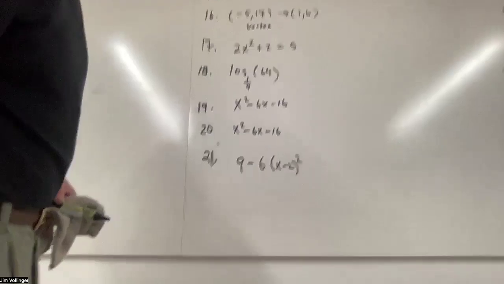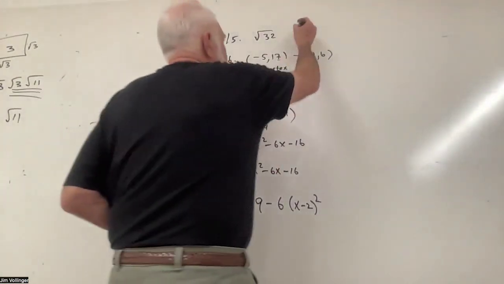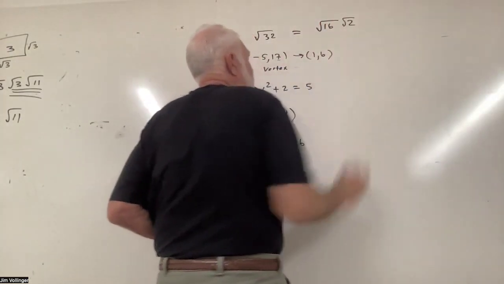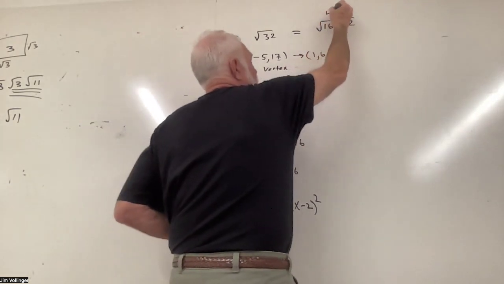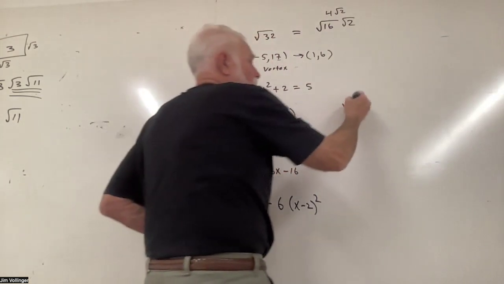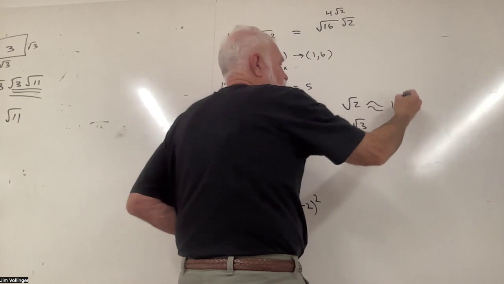All right, square root of 32. No reason to do any factoring here, because there's a nice perfect square sitting inside that number, and it's 16. And I know a better name for the square root of 16. 4√2. And I've been asking students to memorize √2 and √3. And our memorization is 1.41.